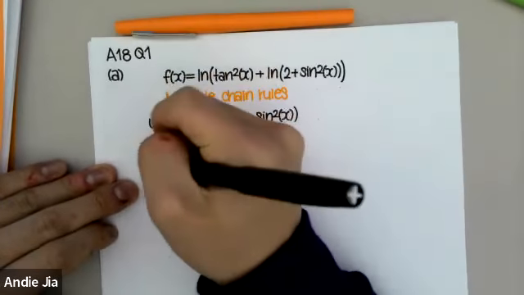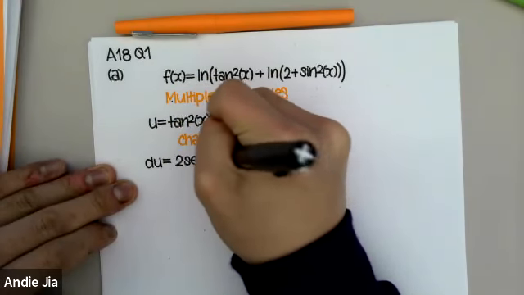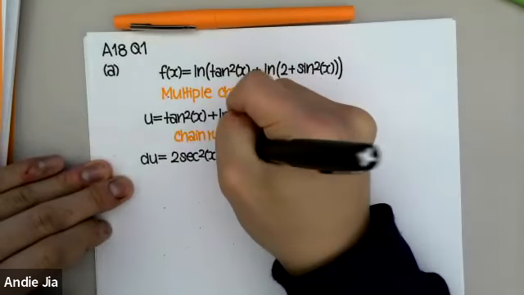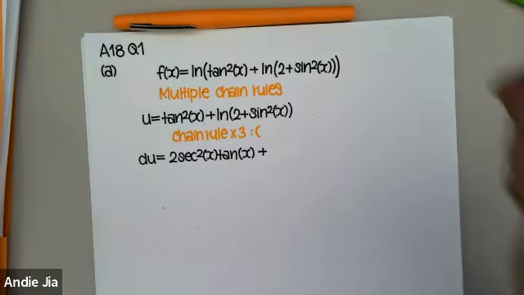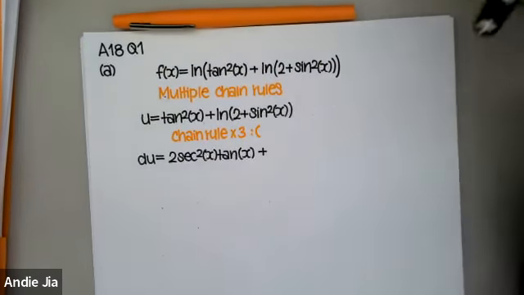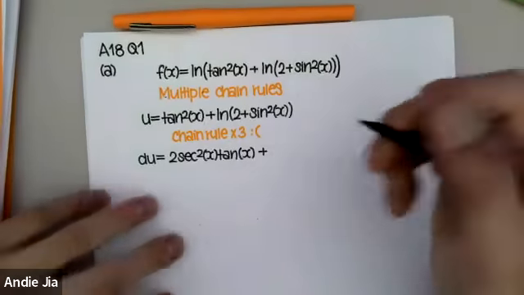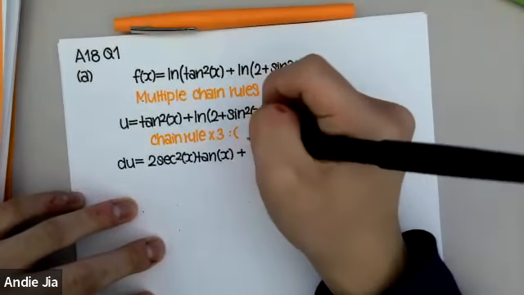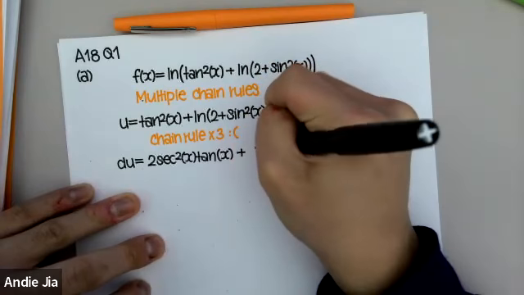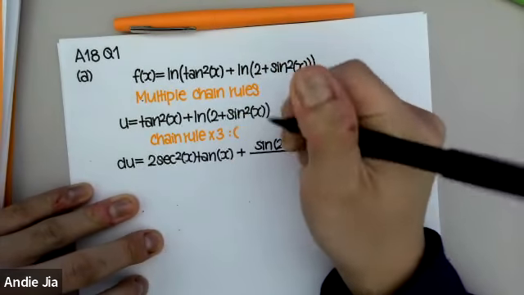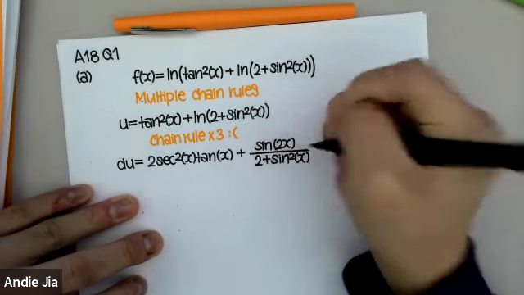du is going to be 2 secant squared of x and tangent of x, plus sine squared of x, plus the natural log of, and then the derivative is going to be sine over 2x over 2 plus sine squared of x.